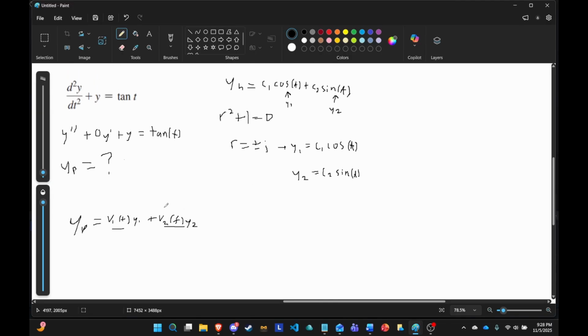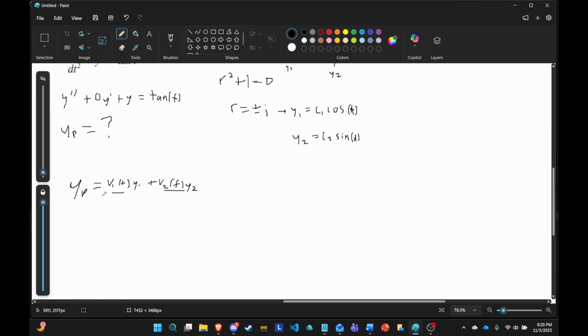And these are going to help us find our particular solution when they're being multiplied to y1 and y2, which are also functions of t. We have y1 is cosine of t, y2 is sine of t. But because we introduced these two functions into our particular solution, we need to introduce conditions that allow us to solve a system.